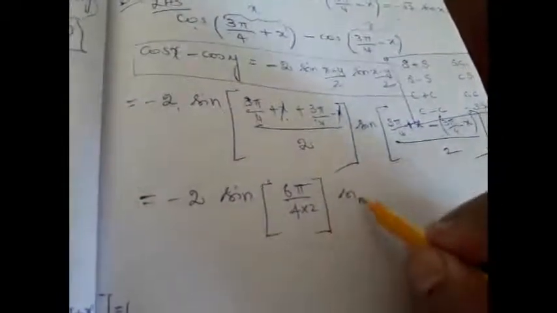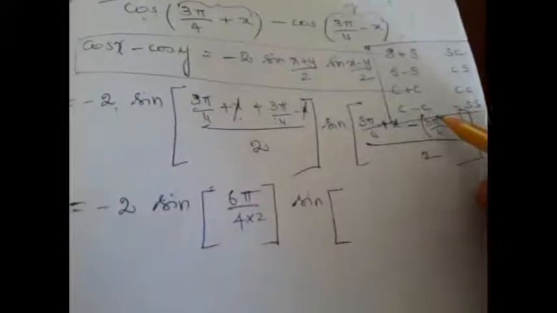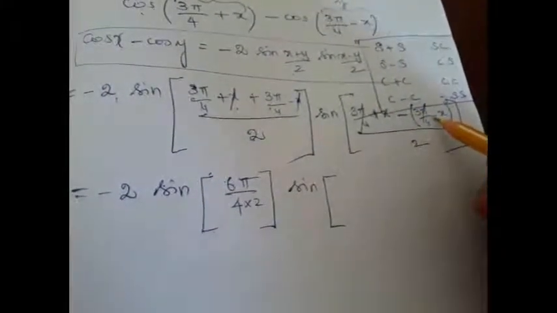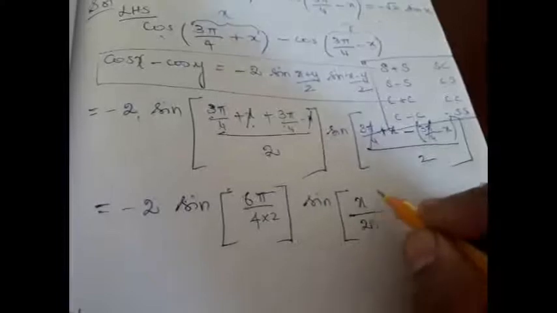So 6 pi by 4 into 2 sine, remove the brackets carefully. So plus 3 pi by 4 and minus 3 pi by 4 will get cancelled. Plus x minus into minus will become again plus only. So x by 2. Right? This is sine x by 2.